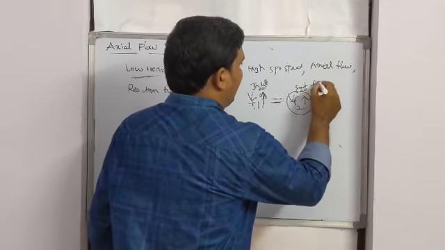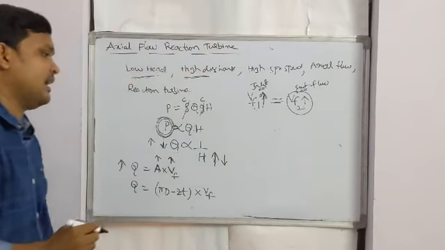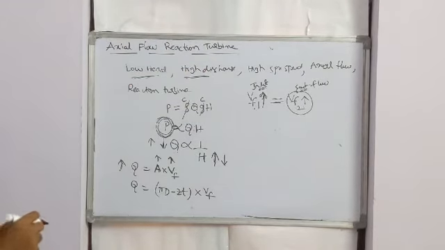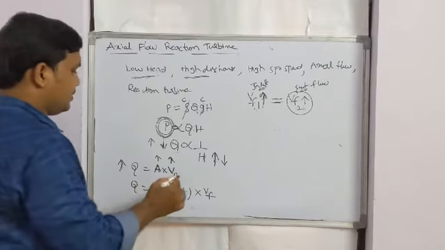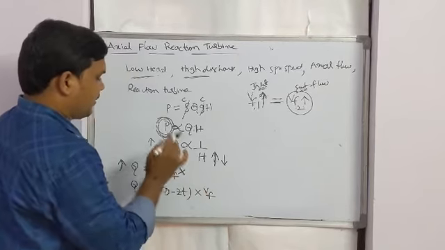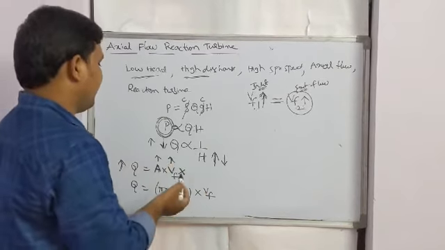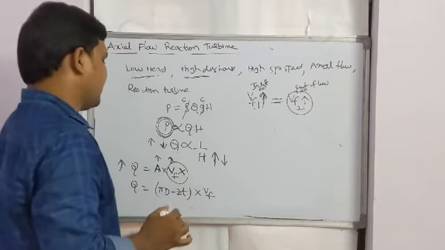That decreases the efficiency of the turbine. So we can increase the velocity of flow only up to a particular point.